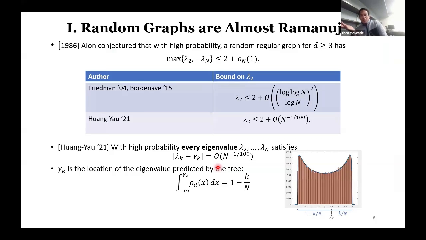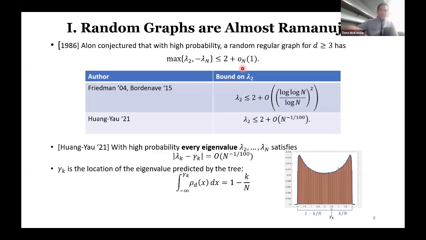And what about a random graph? Let's go back to that example. Are these Ramanujan? Well, Noga Alon conjectured that with high probability, a random regular graph is going to be what's called almost Ramanujan, in the sense that if I look at these eigenvalues, lambda 2 and minus lambda n, they're going to almost satisfy this Ramanujan bound, where it's 2 plus, once again, some function that goes to 0 as n goes to infinity.